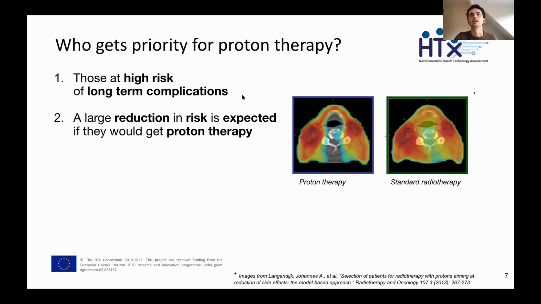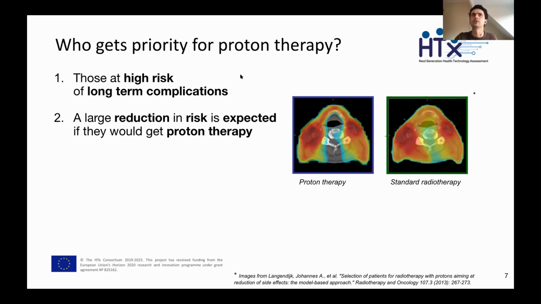So in the Netherlands, they have this indication protocol, which has criteria for guiding clinicians to determine who is prioritized for proton therapy, via which the health insurance also covers this therapy.